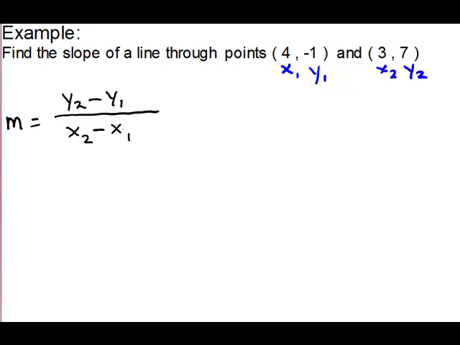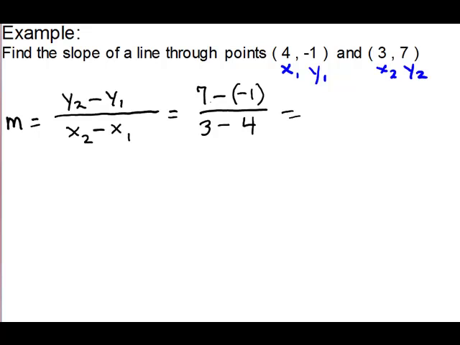And then we just substitute. It's like an evaluate problem. So we're going to substitute y2. So we have 7 minus y1. You have to be a little careful here. Use parentheses so you don't lose a sign. In the denominator, x2 is 3 minus x1 is 4.